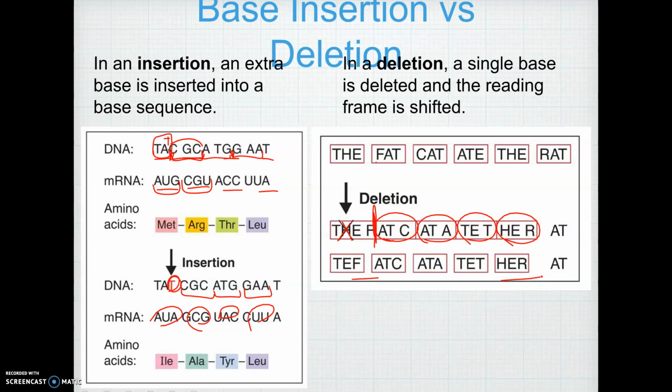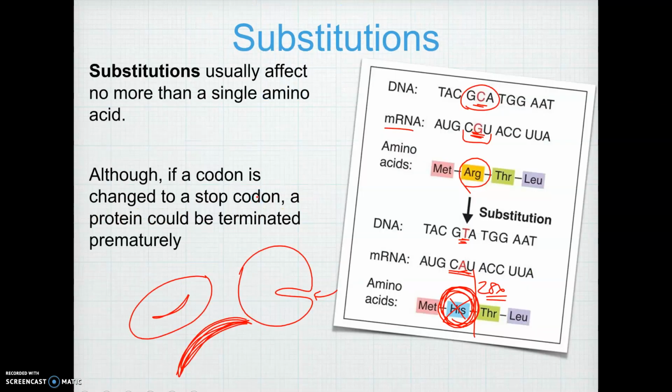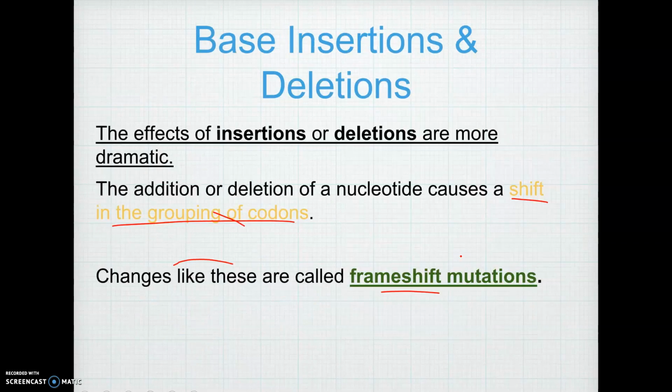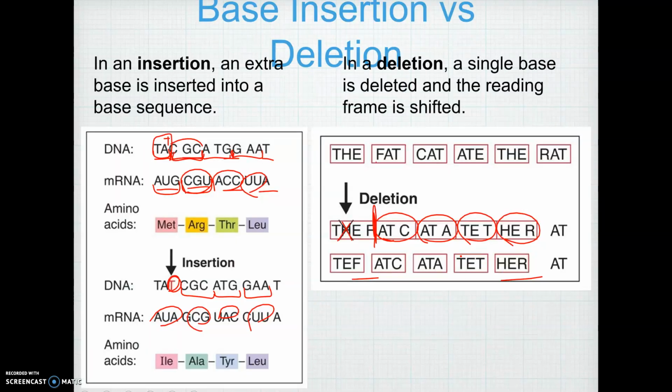If I add or delete, I'm going to shift my reading frame over, and in this case, that means it's going to change these 3-letter codes, all of them, not just one. Remember, with a substitution, just one amino acid got changed. In this case, everything after the point of the insertion or the deletion is going to be incorrect. So this is typically going to be a much, much bigger problem. Probably you're going to make a non-functional protein when it comes to a frame shift mutation.